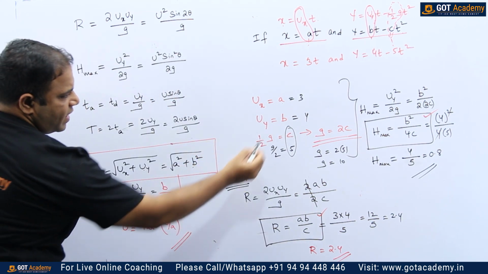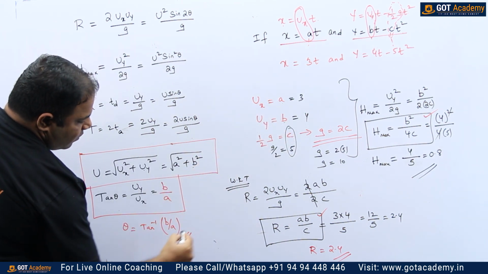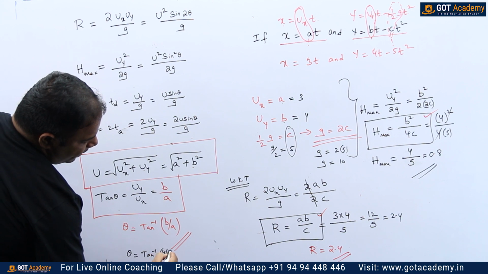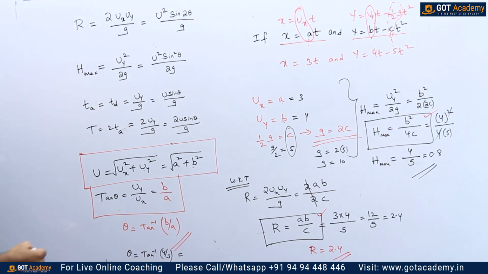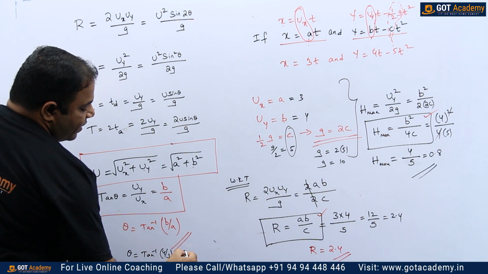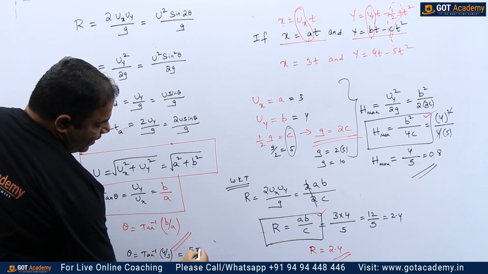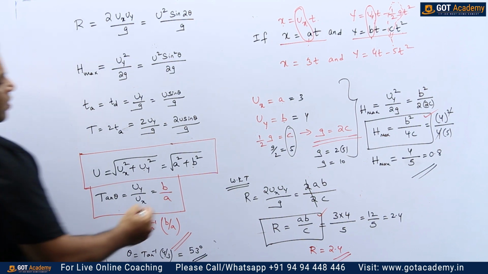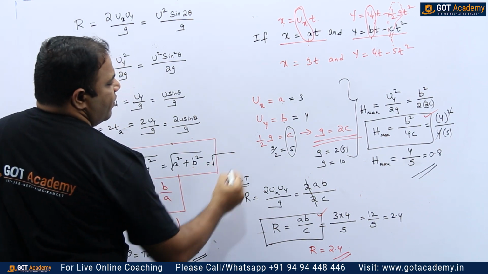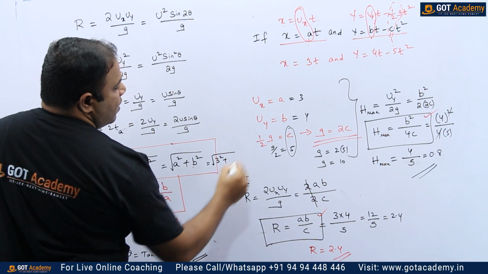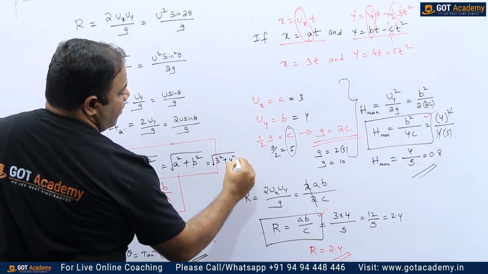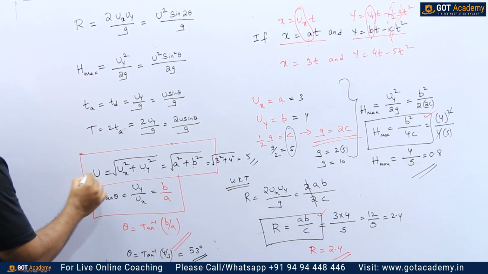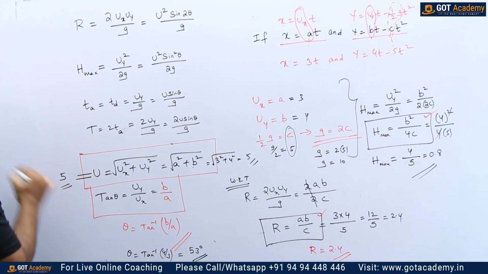As for the given question, b is 4 and a is 3, so theta is equal to tan inverse of 4 by 3, that is 53 degrees. Then what about the velocity? Root of a squared plus b squared, where a is 3 and b is 4, so 9 plus 16 is 25, and the answer is 5. So the velocity u is 5 here.